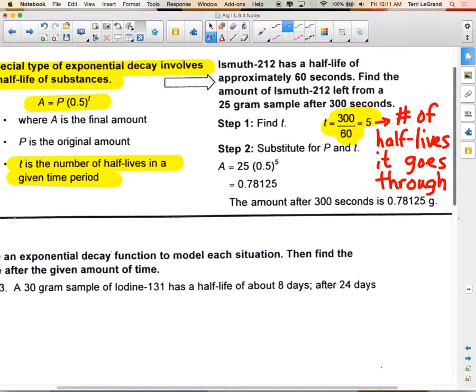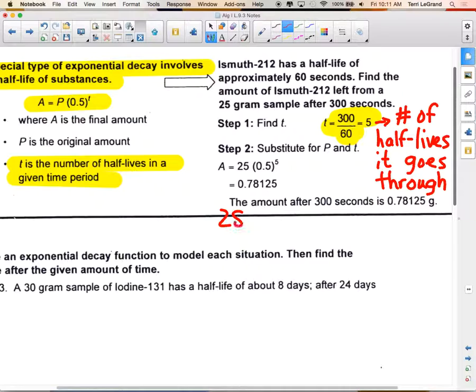In a 300-second period, there were 5 periods of 60 seconds, so it would be in half. Now, they already give the answer here, but I want us to just reason through that. If it starts at 28, how much is left after the first half-life? What's half of 28? 14, okay?